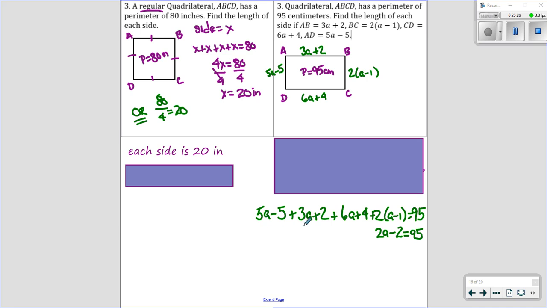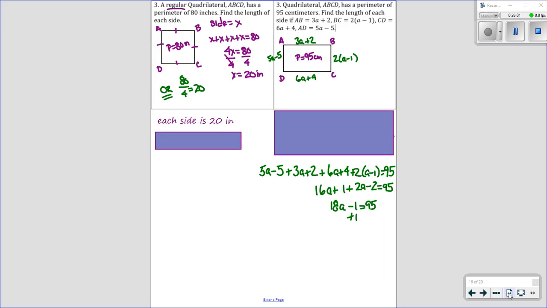So 5a plus 3a is 8, and then plus 6 is 16a, plus negative 5 and 2, that's negative 3, negative 3 and 4, 1. Combine again, I got 18a minus 1 equals 95. Gonna add 1.